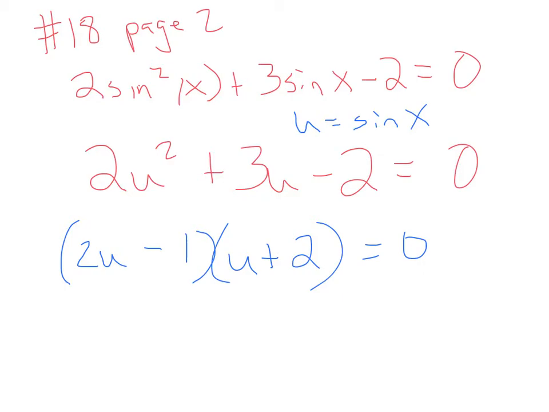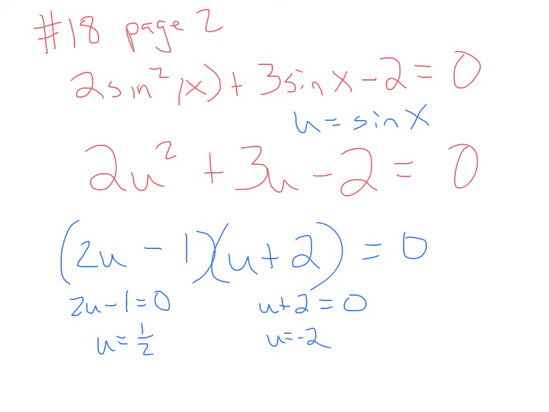So in order for this equation to equal 0, either the first piece equals 0 or the second piece equals 0. That's called the zero product property. And what I want to do is solve for u. So either u equals 1/2 or u equals negative 2.